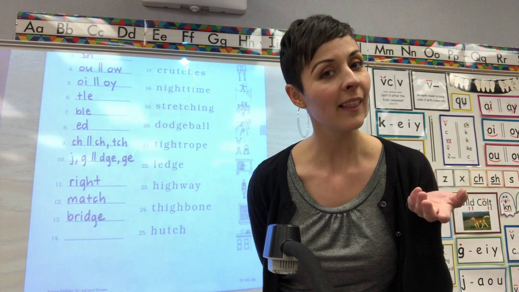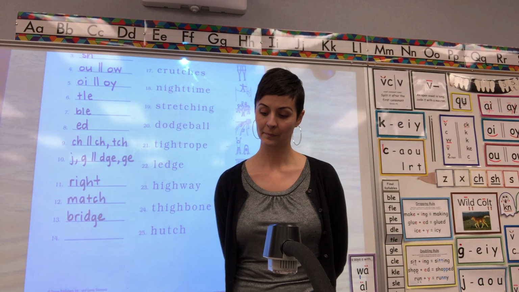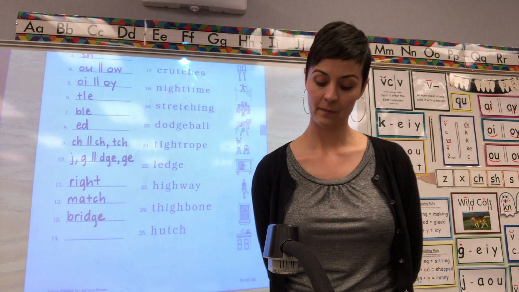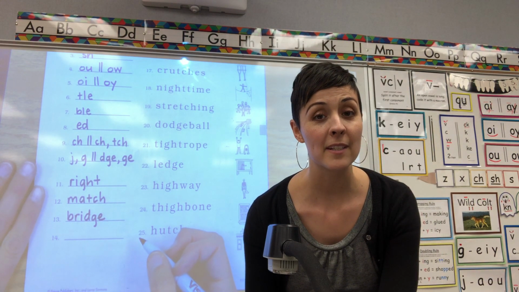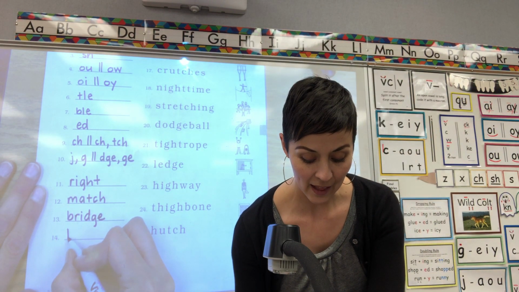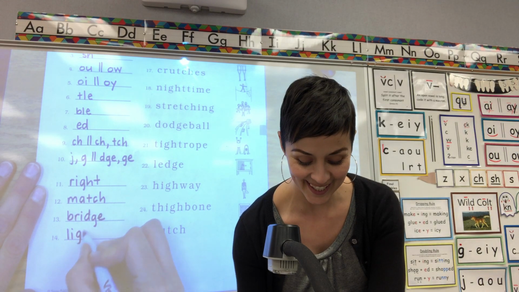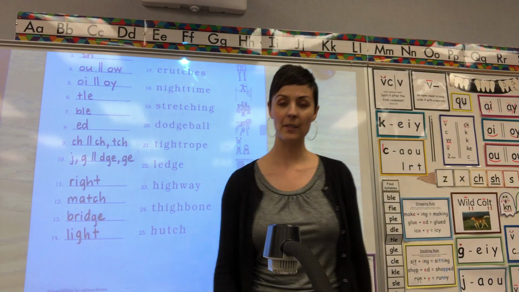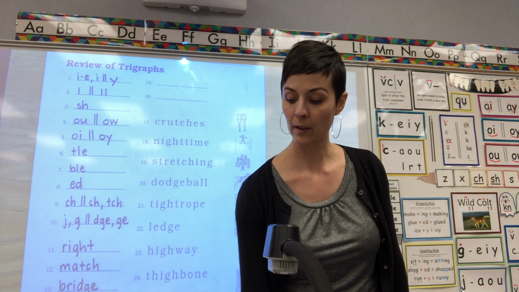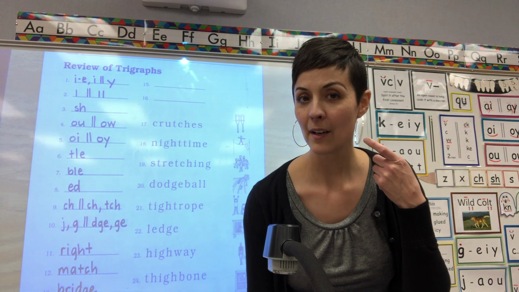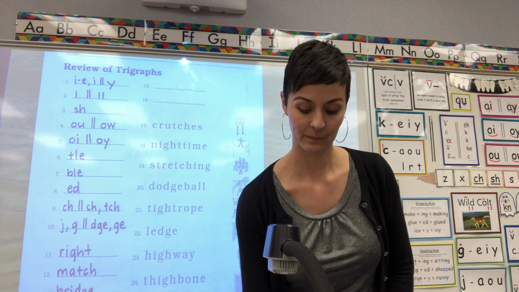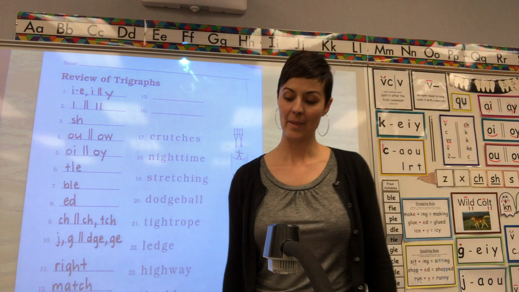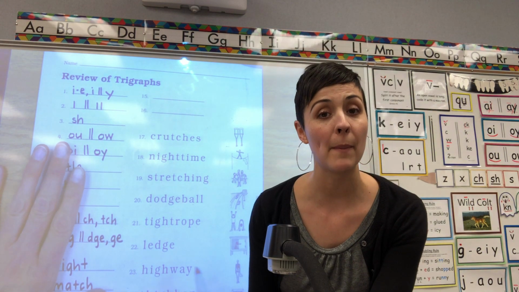Next word, spell for me the word light. What word? Light. Okay, will you spell it starting L? L-I-G-H-T. You got it, light. 15 up at the top. Spell for me the word badge. What word? Badge. Okay, will you spell badge starting B?